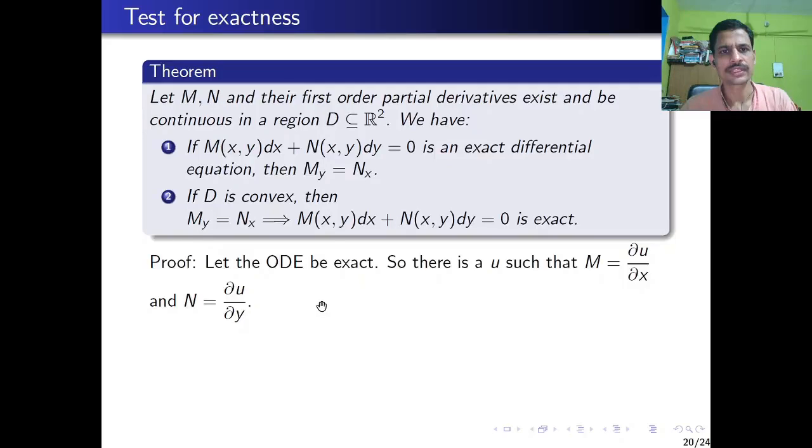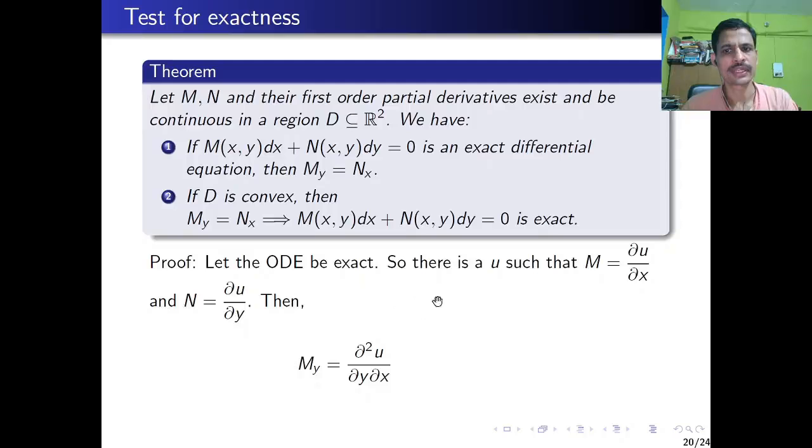So first we take the proof of part 1. The given ODE is an exact differential equation. In that case, we know that there exists a function u of two variables x, y such that M is equal to del u by del x and N is equal to del u by del y. That is the definition of an exact ordinary differential equation.